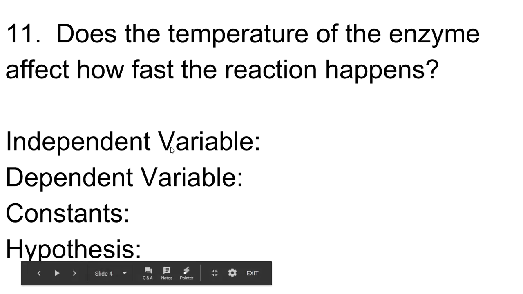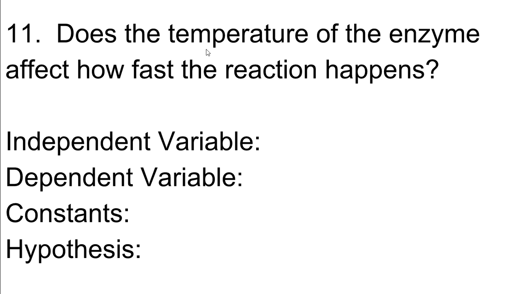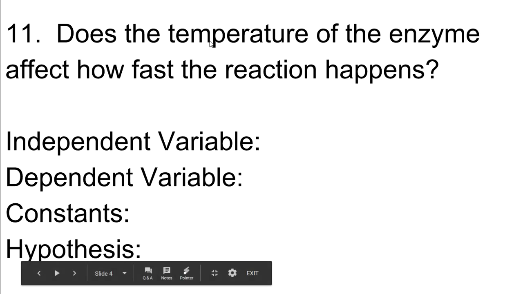our procedure. So again here, if we're looking at the independent variable, it should be temperature. Looking at the dependent variable, it should be the speed of the reaction or the reaction rate. The constants: what else could affect reaction rate besides temperature?